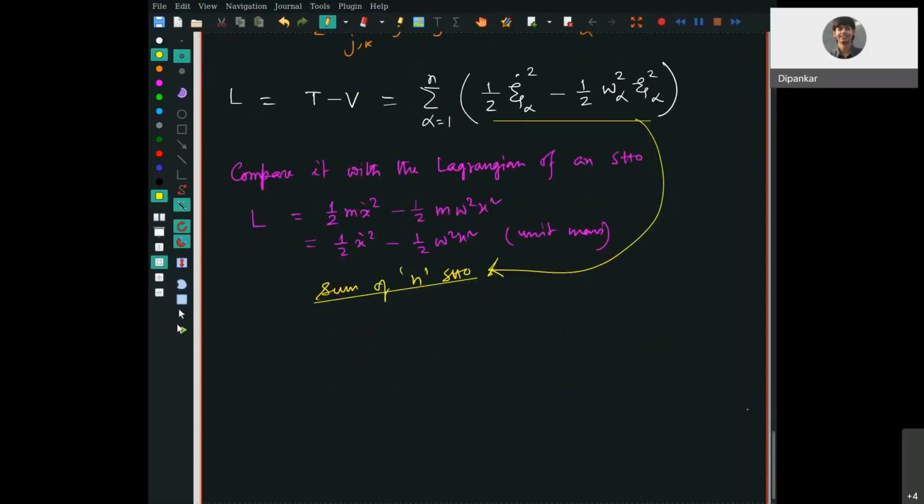The remarkable thing is that all these simple harmonic motions are disentangled because there is no cross term, no xi alpha xi beta. So all these things are disentangled.